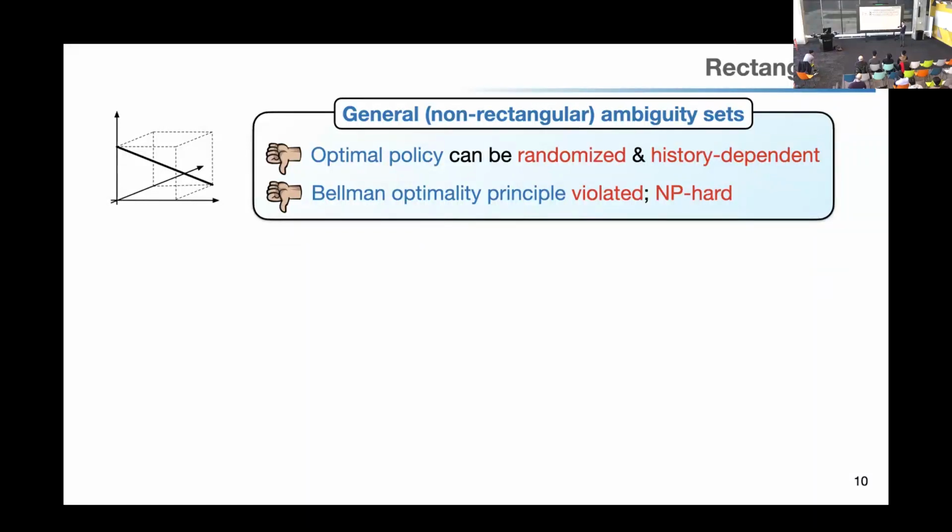What that means is, in order to get an optimal policy, the policy needs to remember all the past states and actions that we have visited. And that is impractical because we're looking at infinite horizon problems, so we would need infinite amounts of memory. Also, one can show that the Bellman optimality principle over those general ambiguity sets is violated, and in fact, just computing the expected total discounted reward of a fixed memoryless policy is strongly NP-hard.